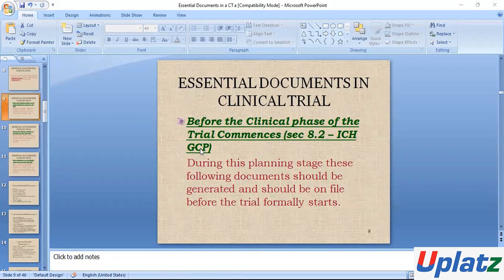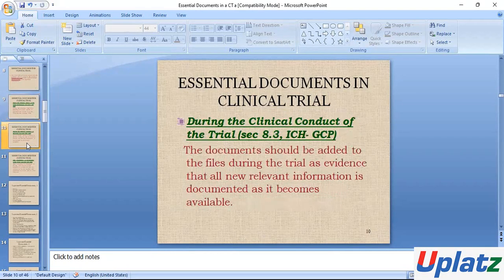Okay, so let's start with the essential documents. Before the clinical phase of the trial commences, during this planning stage, these documents should be generated and should be on file before the trial formally starts. The next is during the clinical trial conduct.